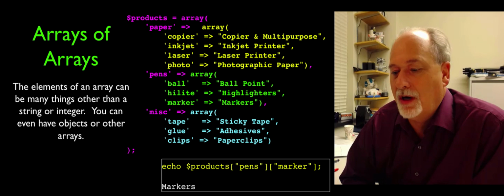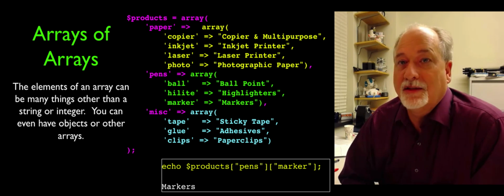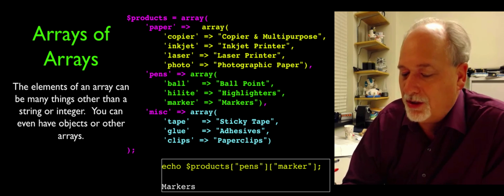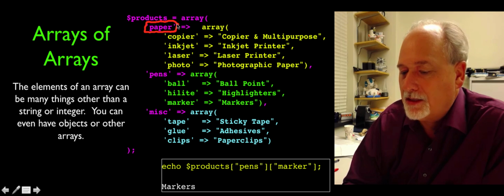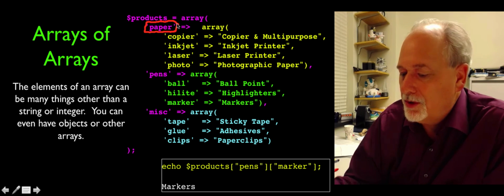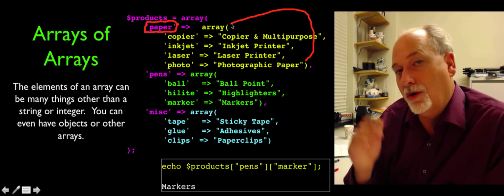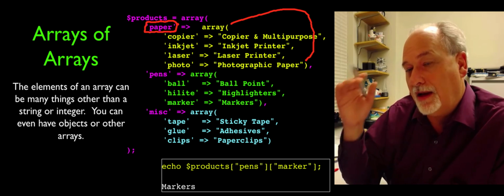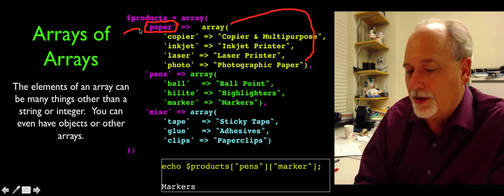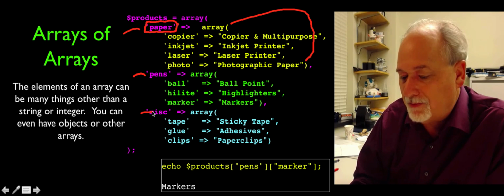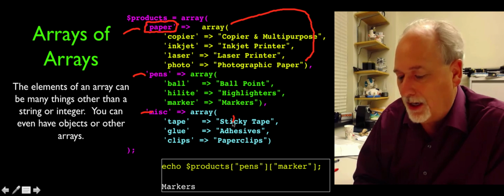This just demonstrates how you can have an array, and inside it doesn't just have to be strings or whatever. In this situation, the outer array has paper that maps to an inner array, right? It's a 3-element array, 1, 2, 3, but each of the things mapped to in that is itself an array.